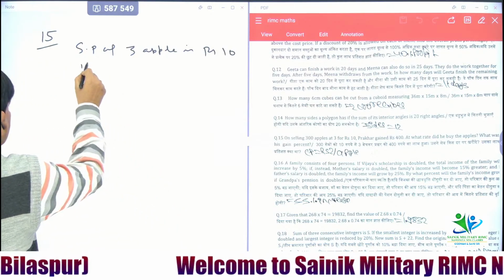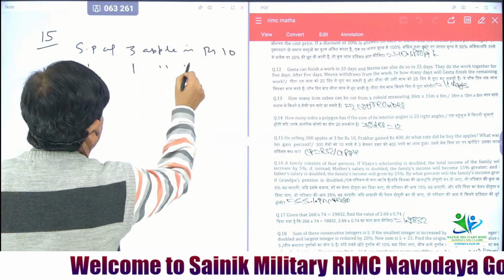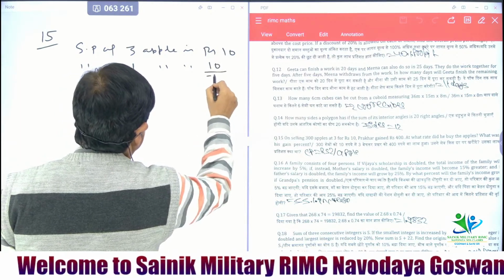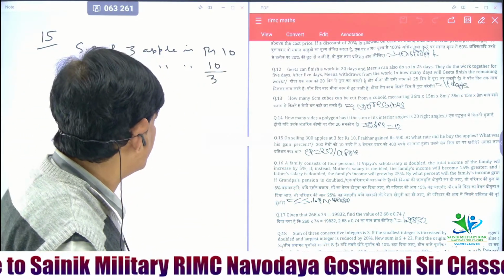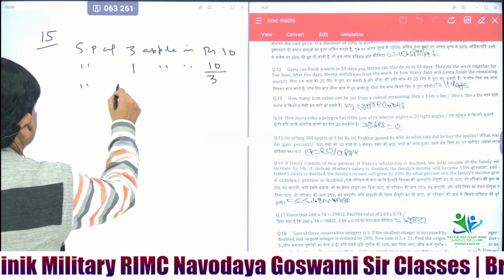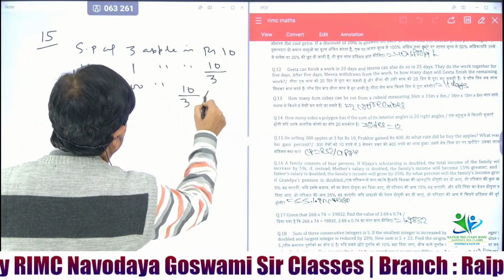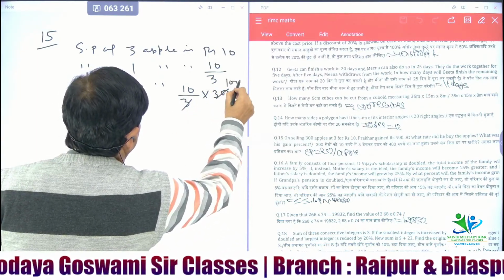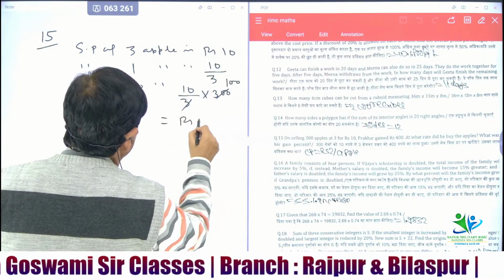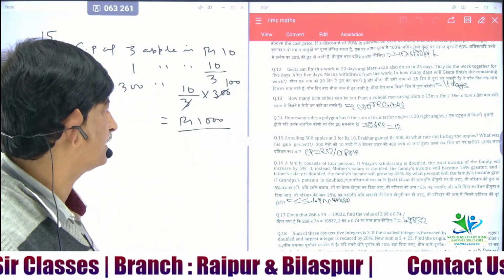That means selling price of 1 apple is 10 by 3 rupees. And how many apples are there? 300. Now selling price of 300 apples is 10 by 3 into 300. Cancel here, and you get rupees 1000. That means selling price of 300 apple is rupees 1000.